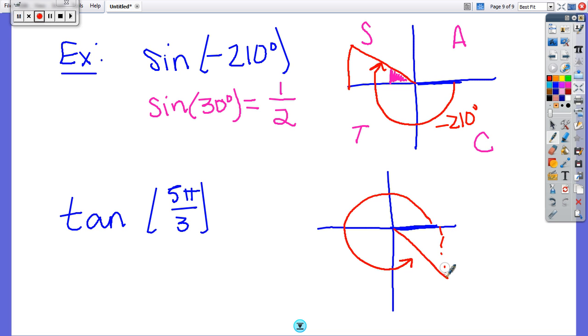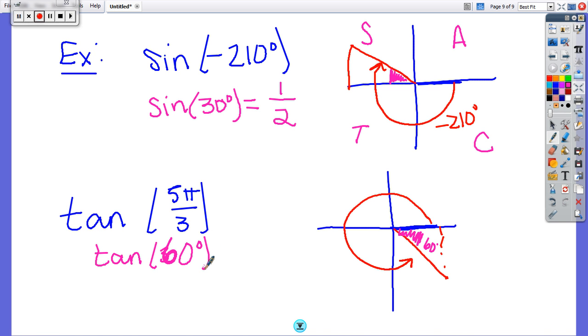And I know that this angle now is 60 degrees. So this is really kind of like the tangent of 60 degrees.